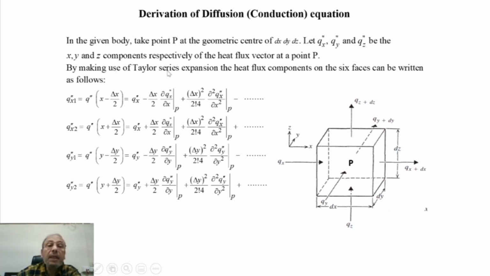Now, by making use of Taylor series expansion, we find the heat flux components on the 6 surfaces.